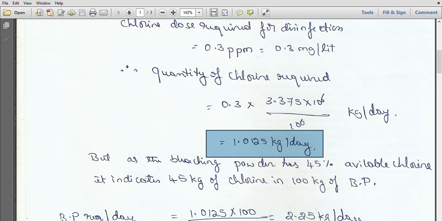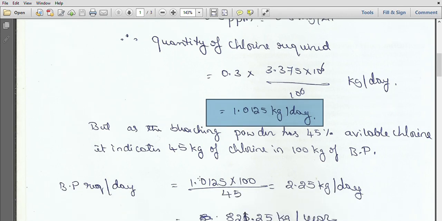So then what is the bleaching powder required per day? It is simple cross multiplication. For 100 kg of bleaching powder, 45 kg is required. So for 1.0125 kg of chlorine, how much bleaching powder is required? So it is 1.0125 into 100 divided by 45. That is 2.25 kg per day.